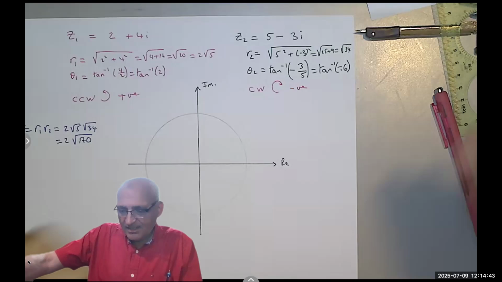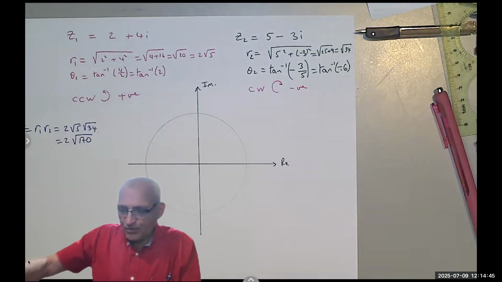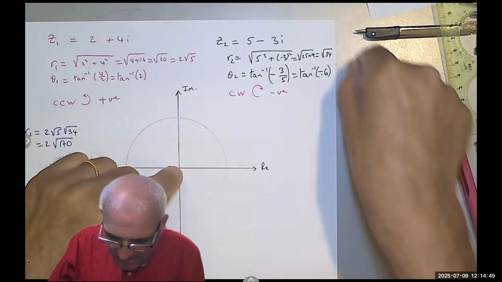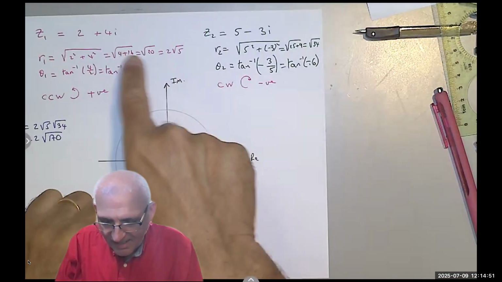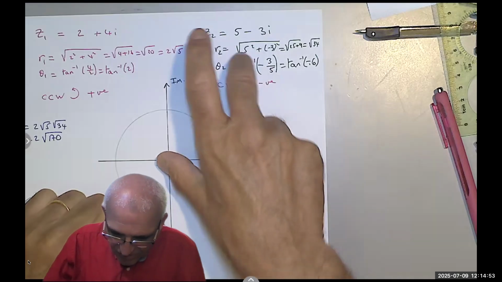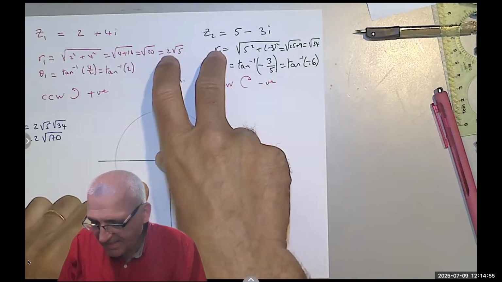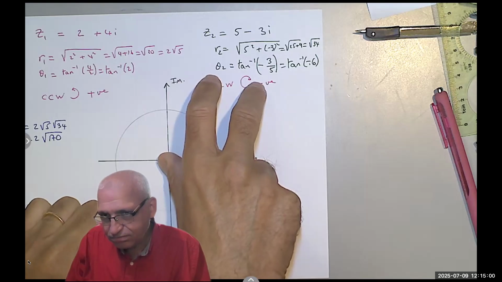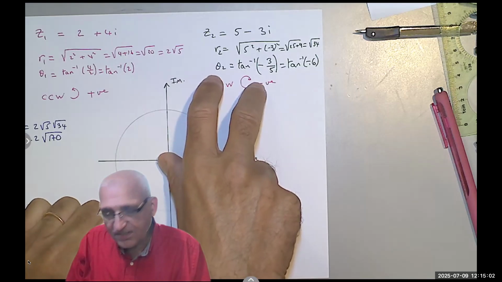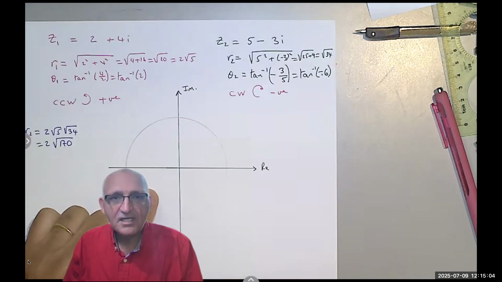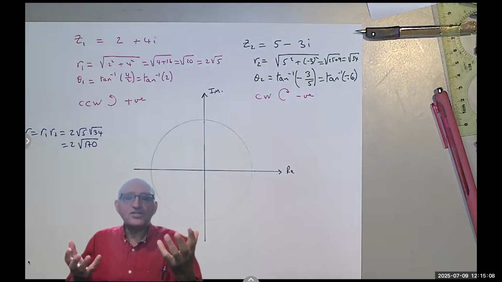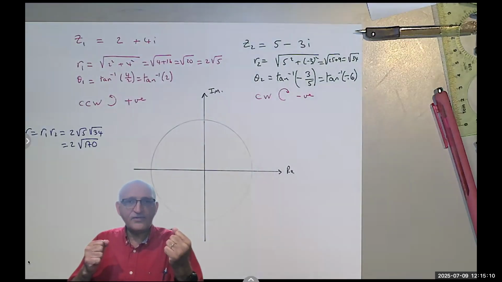So I took a line of length roughly 26 on the real axis, turned it by an angle more than 60 degrees counterclockwise, and then turned it back by roughly 30 degrees clockwise. That's the geometric representation of what we have.